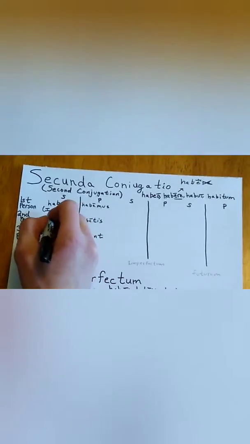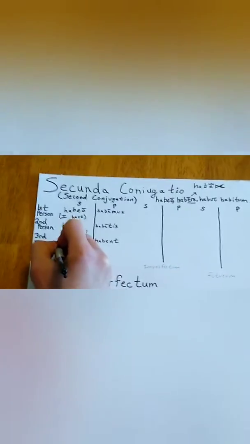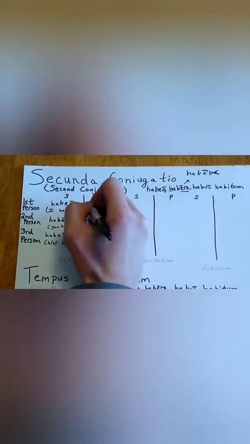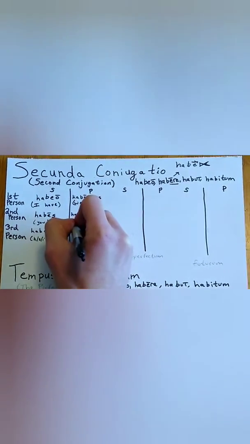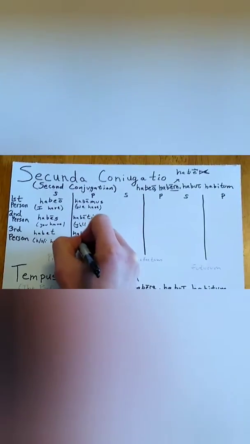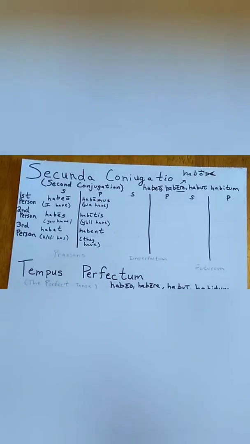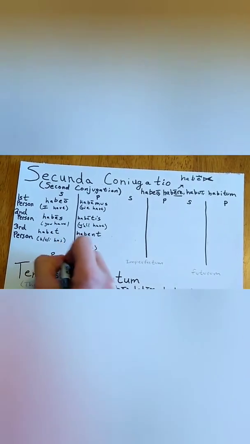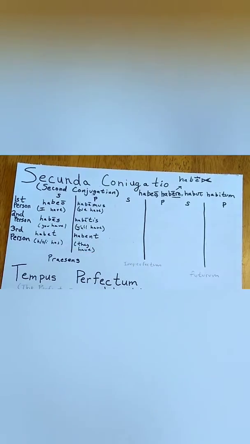So we know that this means then I have, you have, he, she, or it has, we have, y'all have, and they have. And that is our tempus presens, our present tense conjugation of a second conjugation verb.